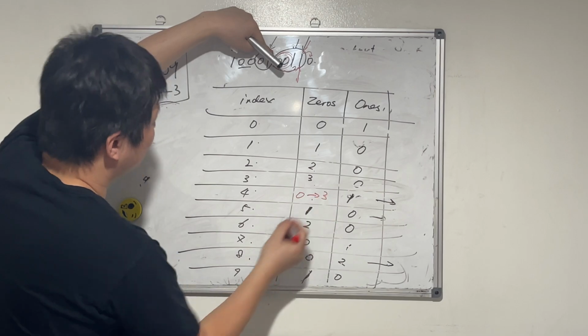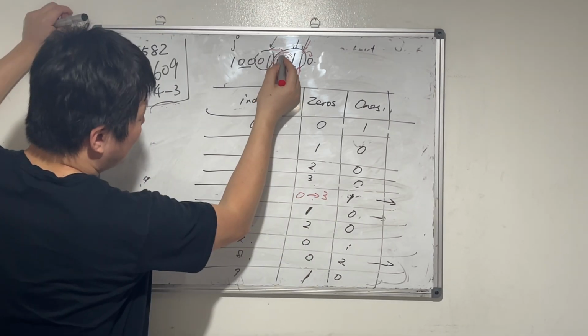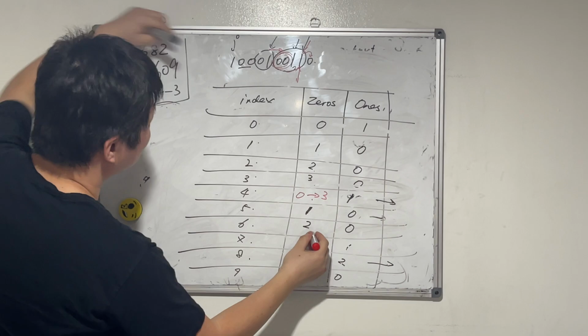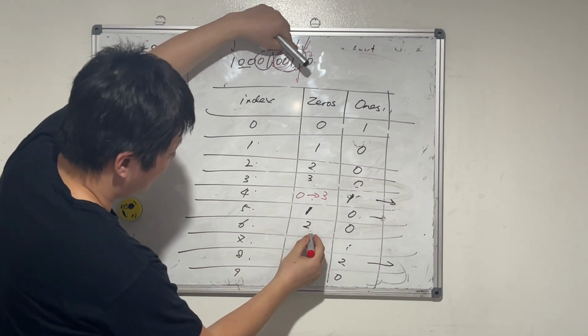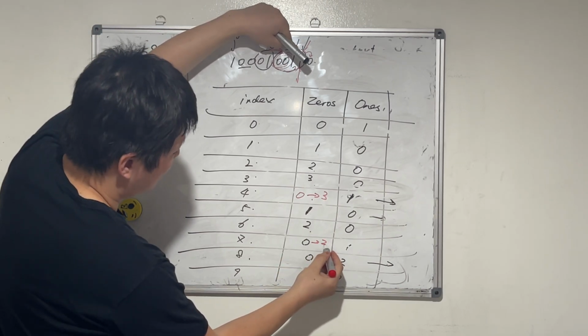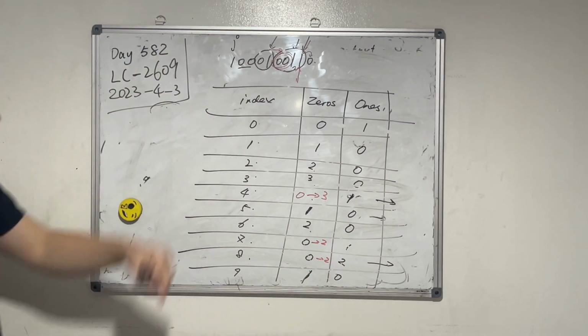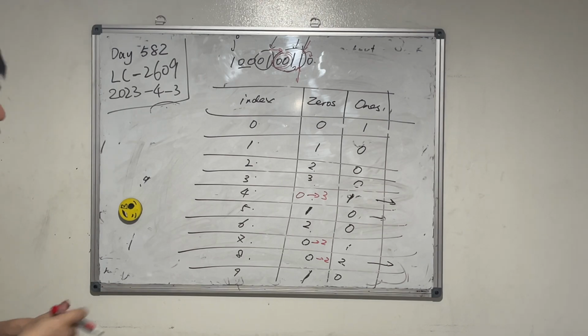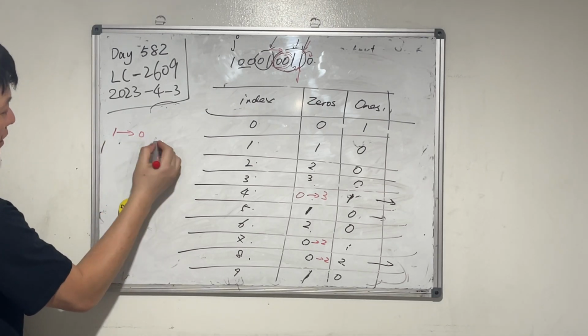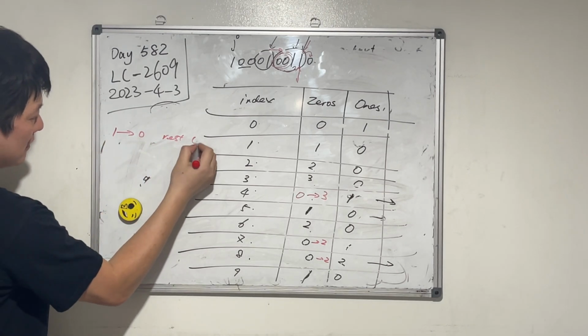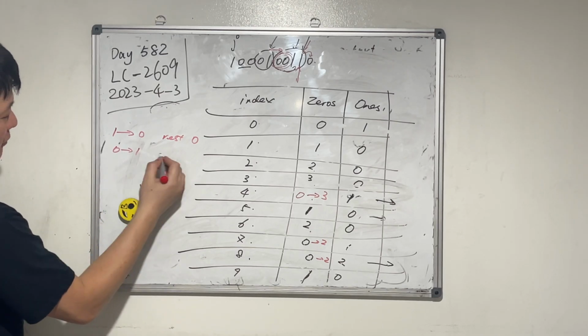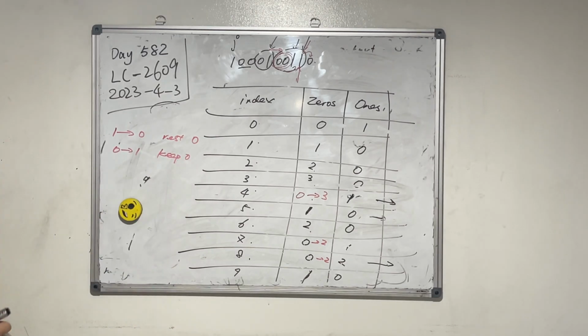We change it to 3. 1 turns into 0, we reset it to 1. 1, 2. Okay, and then now, here, this is 2. And here, this is 2. So, when 1 changes to 0, we reset 0. When 0 changes to 1, we keep the 0. Okay, basically.